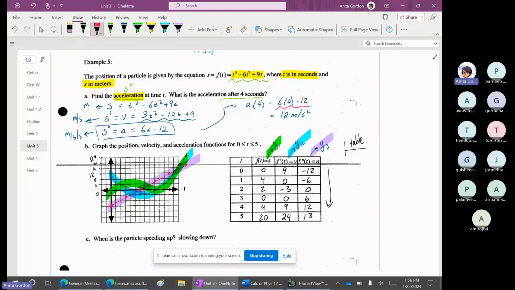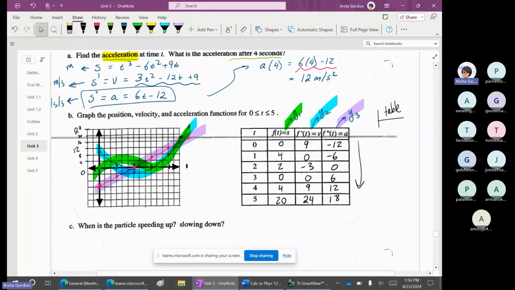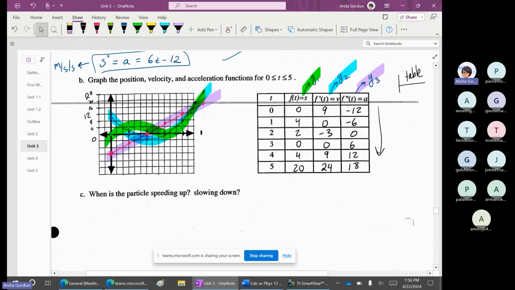Now let's look at some comprehension questions. When is the particle speeding up? What am I asking? When is the acceleration increasing?